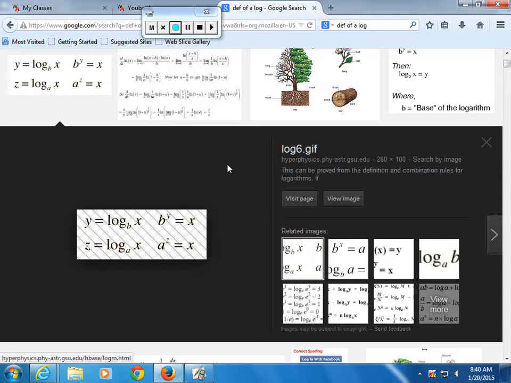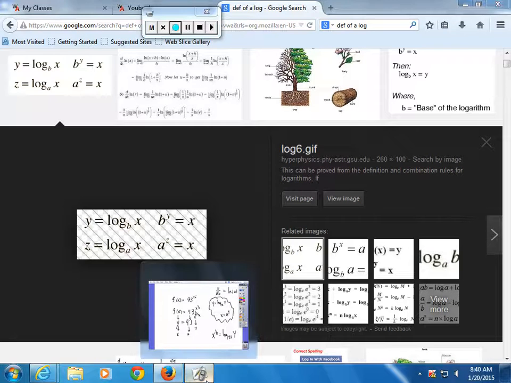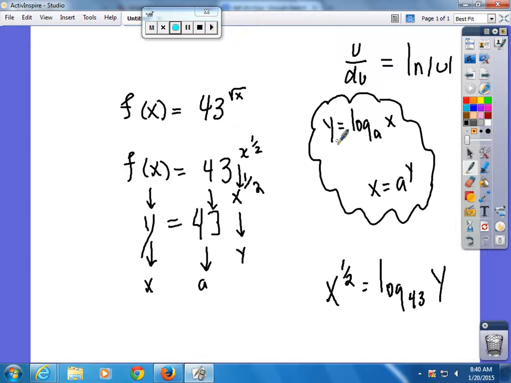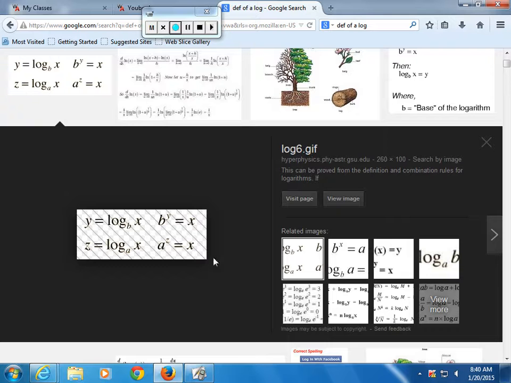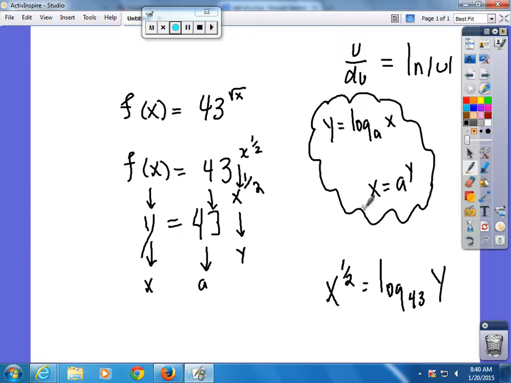And write it 2 or 3 different ways. Y is equal to log base A of X. Is that the way I had it? I hope I did. Y is equal to log base A of X. And X is equal to B to the Y, or A to the Y. X is equal to A to the Y.